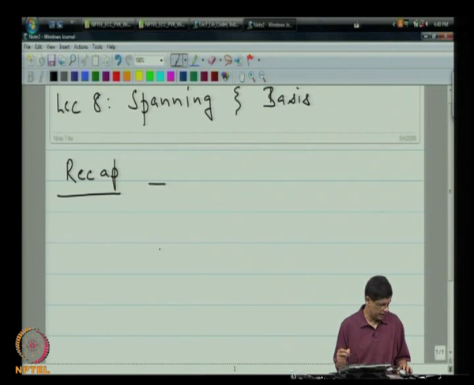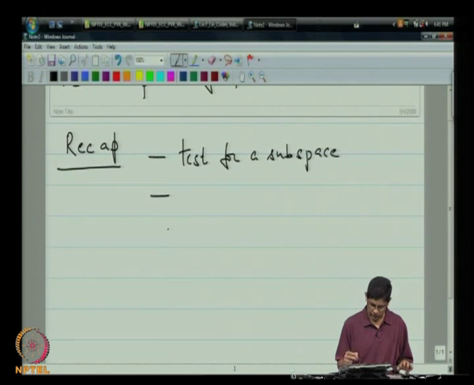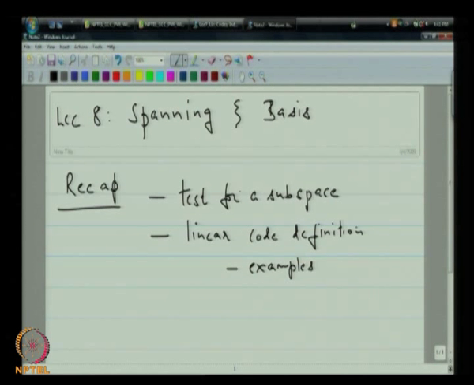So we looked at the test for a subspace, then we looked at linear codes, linear code definition, and we looked at examples.